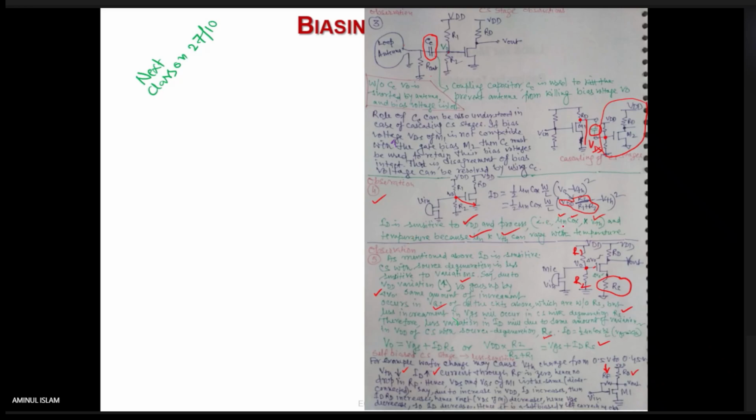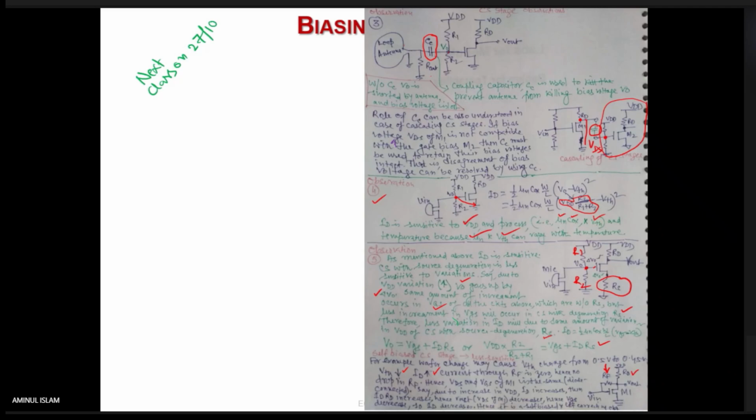If you increase the temperature, the scattering will be more, and hence mobility will decrease. At the same time, threshold voltage also decreases with increasing temperature. So ID is too sensitive to these process, voltage and temperature variations in this CS amplifier.